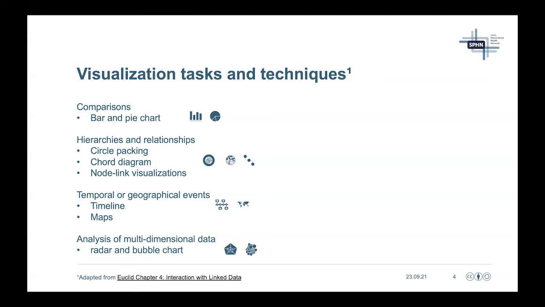And last but not least, sometimes one needs to analyze multidimensional data, and for this, there are some even more advanced visualization techniques, such as, for example, radar and bubble charts. Now, in the next couple of minutes, I'm mainly going to focus on the visual graphs, so a type of node link visualization, and I'm going to be demonstrating this technique with the GraphDB. So let's move on to that.